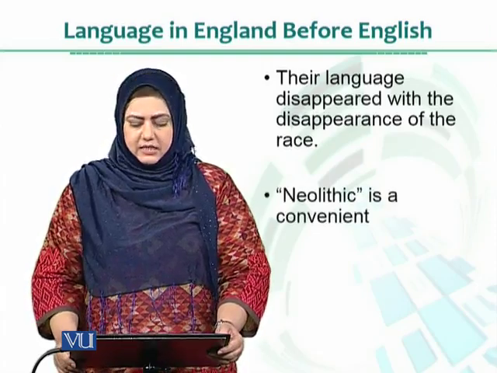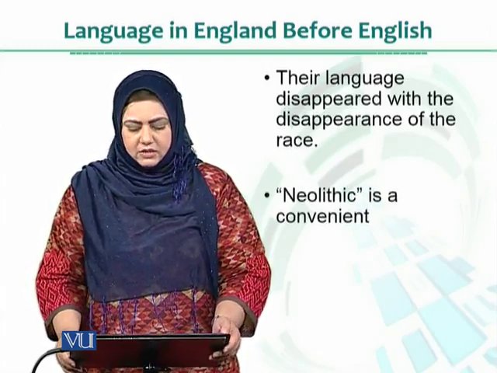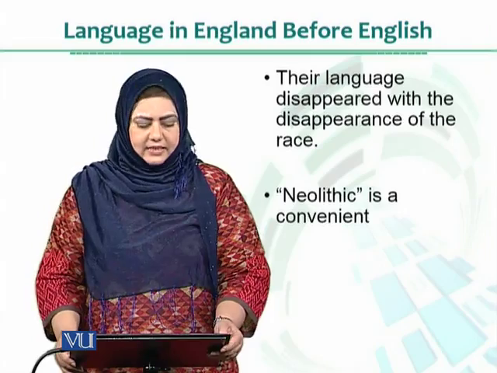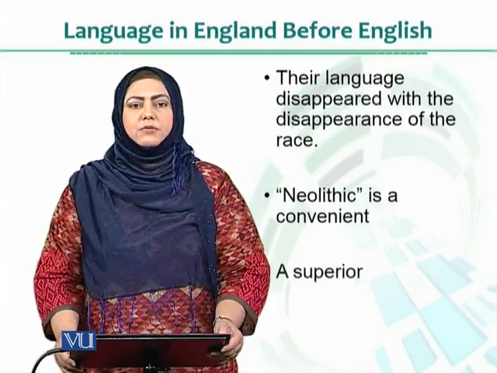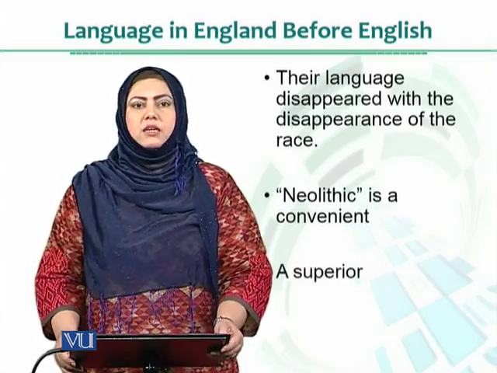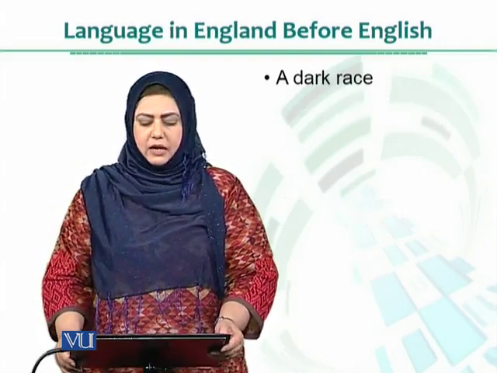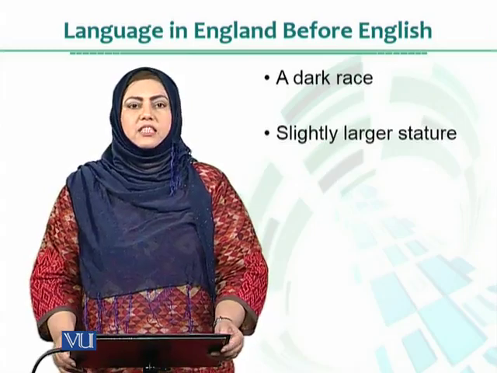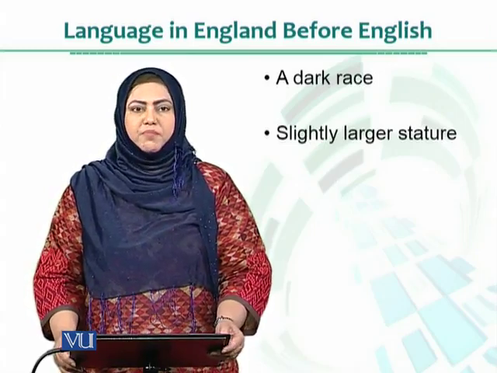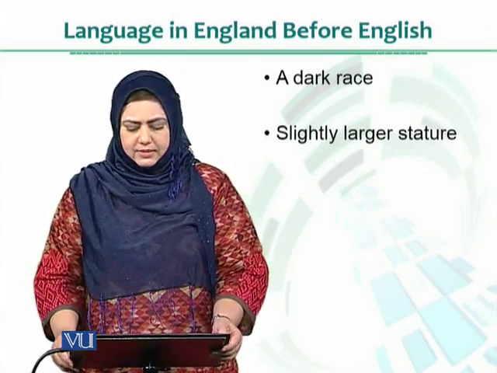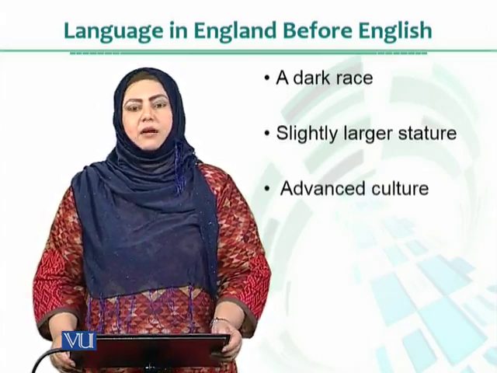The second type in this Stone Age is the Neolithic, and it is a very convenient term rather than a scientific term. These were, of course, far superior to the Paleolithic people. These people were of a dark race. Their stature was largely the same but slightly more built. And they had an advanced culture.